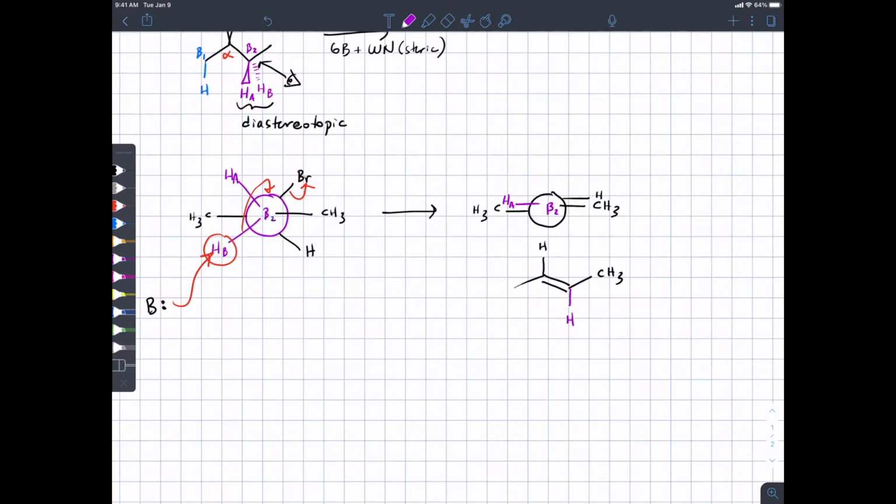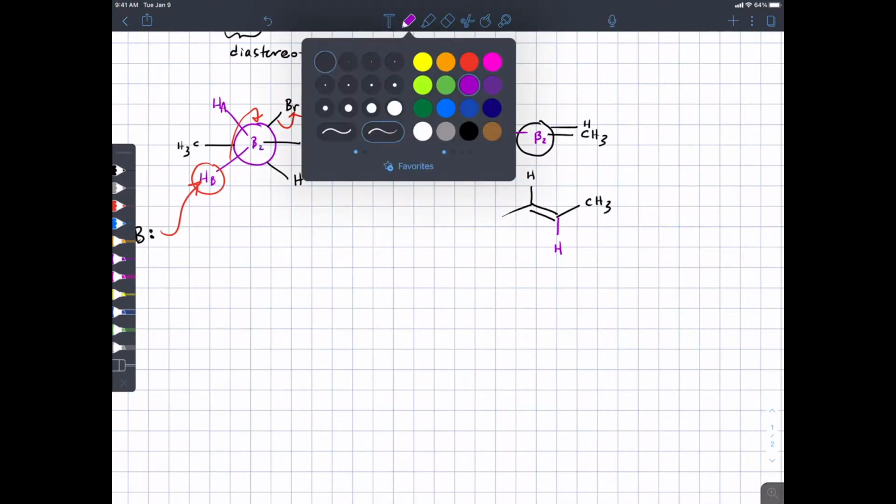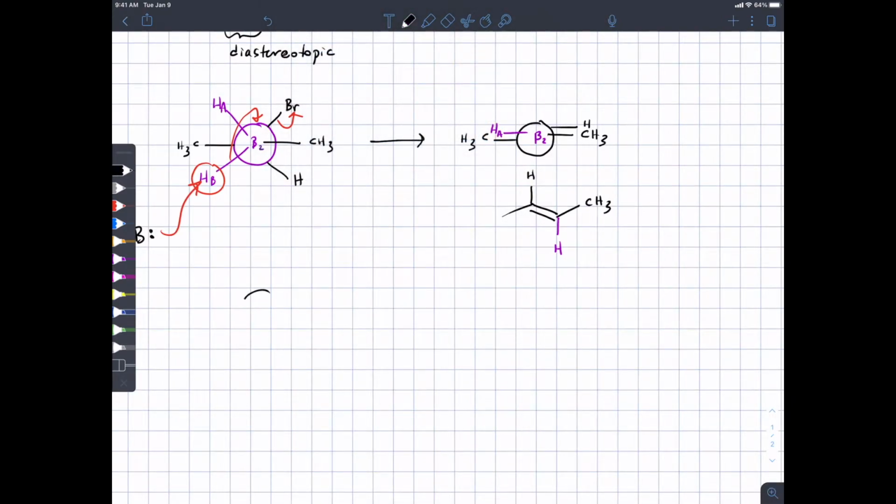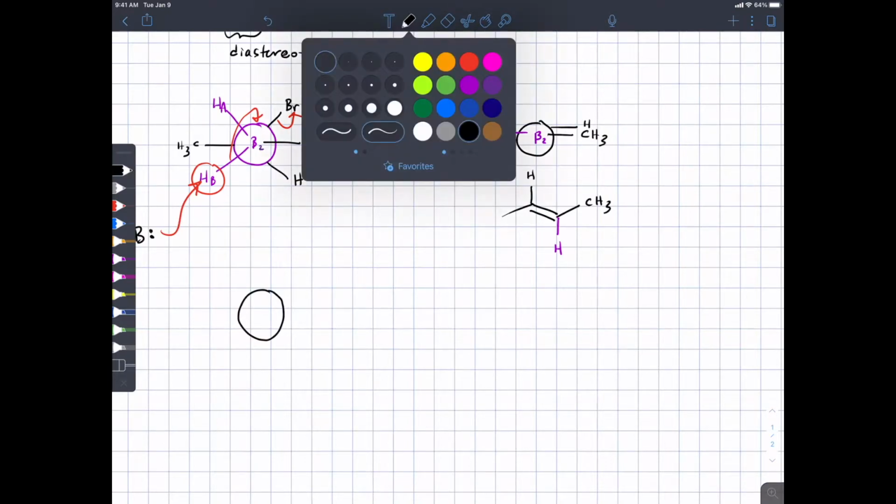Now, is HB the only proton on that carbon that could ever be anti to the leaving group? No, we can rotate around carbon-carbon bonds, right? So it would be trivial to take the carbon in the front, grab on to HA and rotate it counterclockwise, such that HA would now be anti to the leaving group.